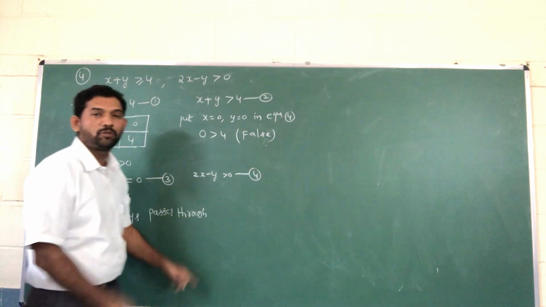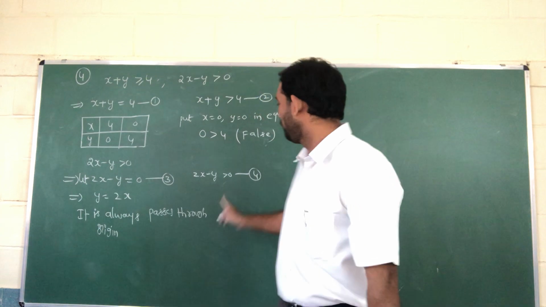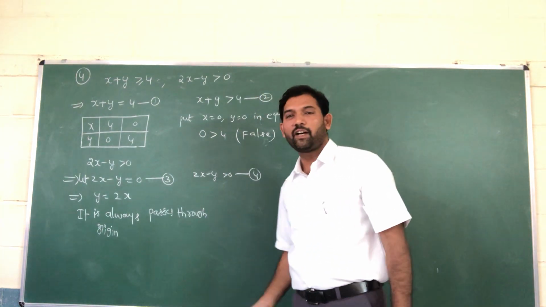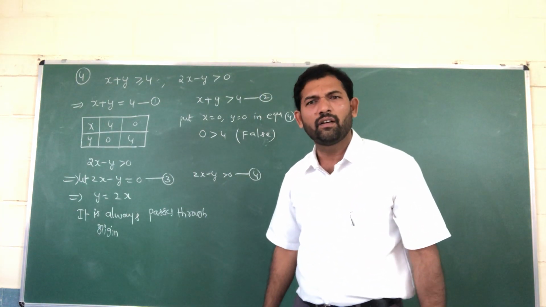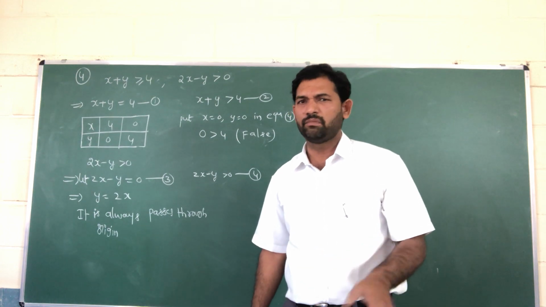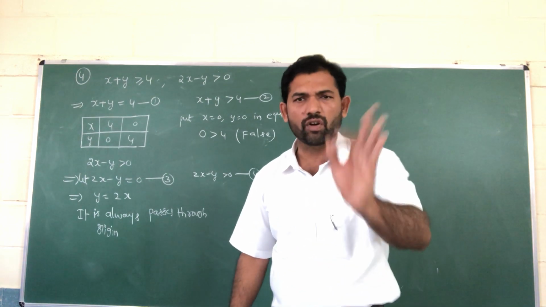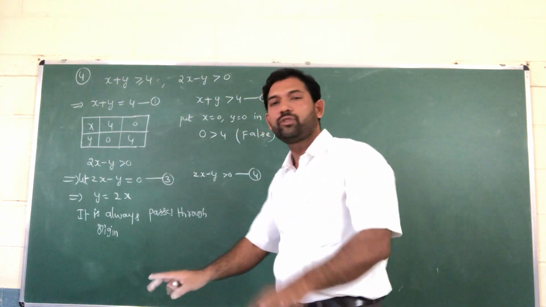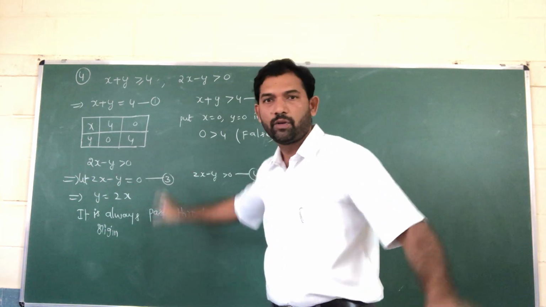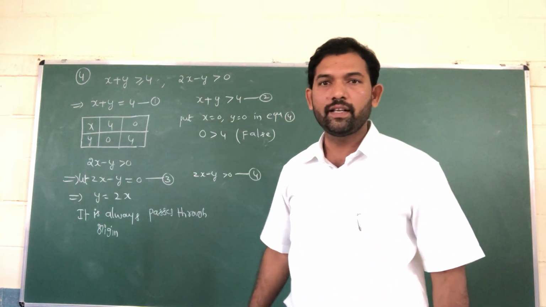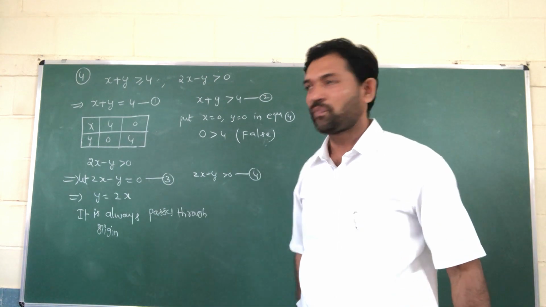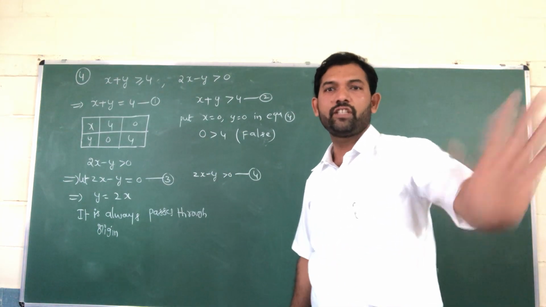You don't substitute 0 here. x is equal to 0, y is equal to 0 substituted, what happens? 0 greater than 0. That condition is wrong. So you don't substitute 0, you stop there only. So about inequalities, the procedure is completed.